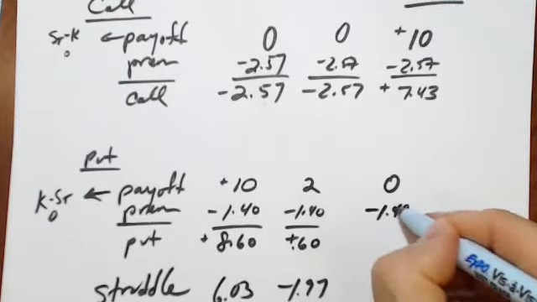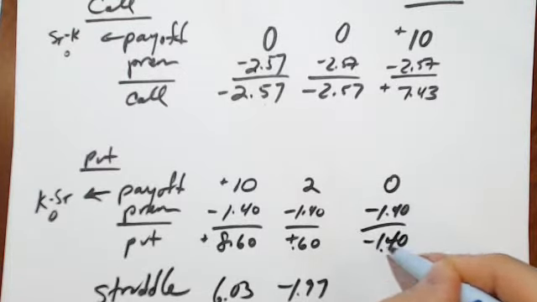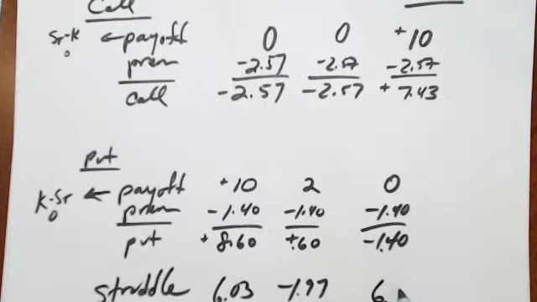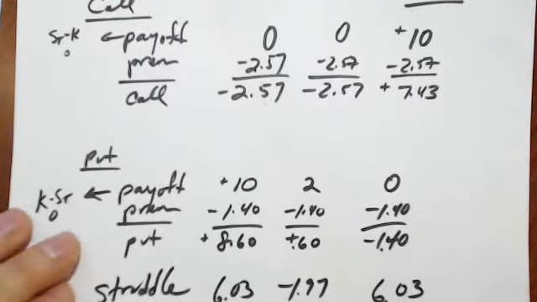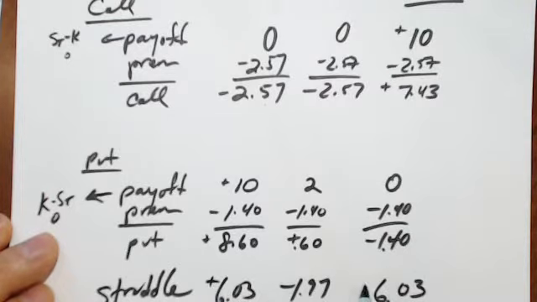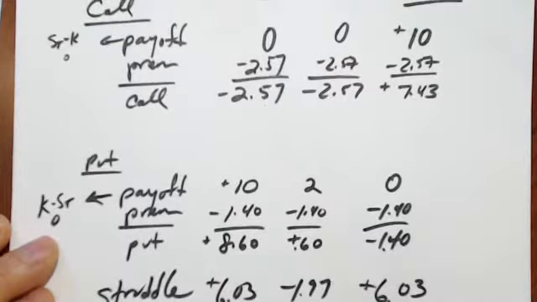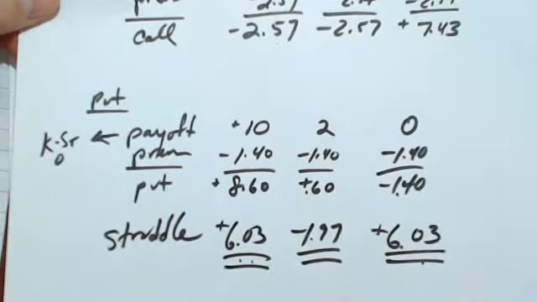We paid $1.40, so we lost $1.40 in the option. And overall, we make $603 on this option. So, notice what happened. We made money in extreme volatility, but we lost money when the stock was relatively stable. So make sure we have that all in there.